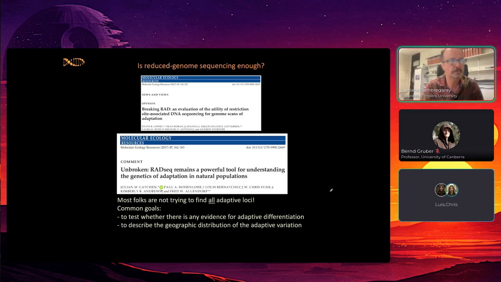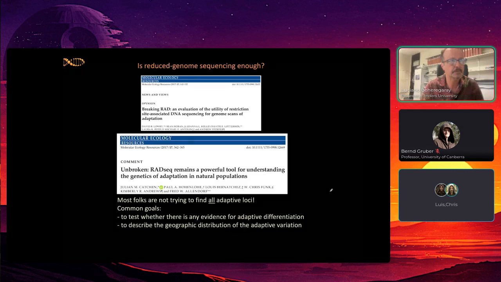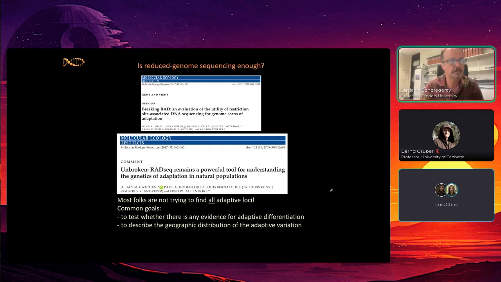But the reality is that most of us are not trying to find all adaptive loci. Our common goals most of the time are to test whether there is any evidence for adaptive differentiation, for adaptive diversity in our data set, and also to understand how this adaptive variation is distributed over space.